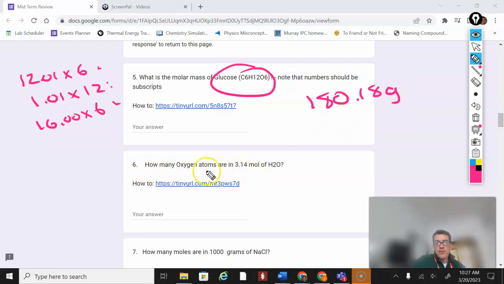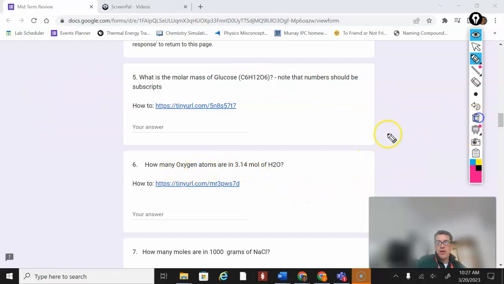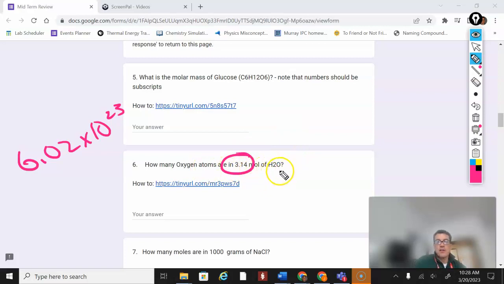If we're going back to asking how many atoms are in something, this is where we get back with Avogadro's number. Avogadro's number, again, is 6.02 times 10 to the 23rd. So this is how many atoms are in 1 mole, or how many molecules are in 1 mole. But again, this is the number of particles in 1 mole. So if I have 3.14 moles and I want to know how many atoms I've got, again, each water molecule has only 1 atom of oxygen.